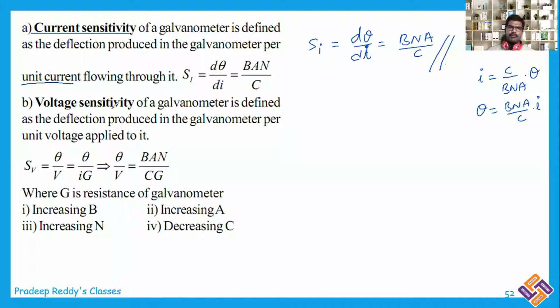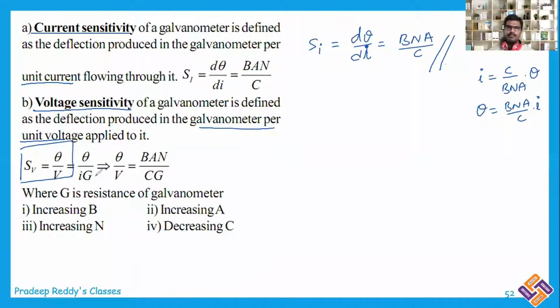Likewise, you can define voltage sensitivity. Voltage sensitivity of a galvanometer is defined as the deflection produced per 1 unit voltage supplied. So voltage sensitivity is theta divided by V. Theta is already known to you, we have derived it.